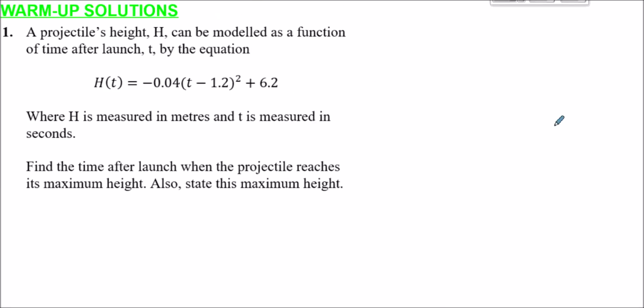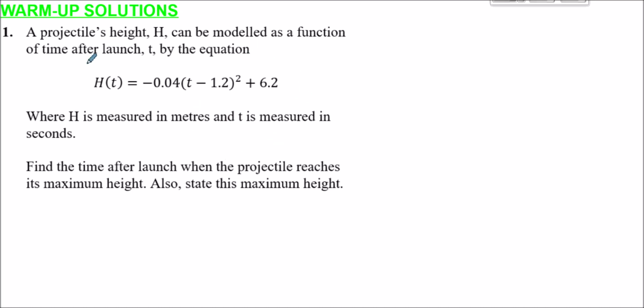So question 1, we're looking at a projectile being thrown, and its height, h, can be modelled as a function of time after launch by the below equation. H is measured in meters, and t is measured in seconds. So it's saying here to find the time after launch when the projectile reaches its maximum height, and to also state this maximum height.